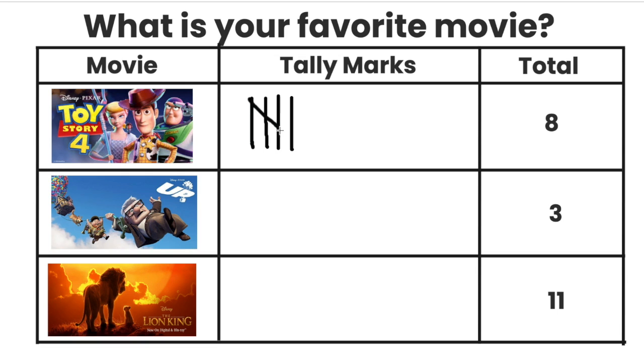So I have 5. I'm going to keep counting on until I get to 8. 6, 7, 8. So as you can see, I made 8 tally marks. If I wanted to quickly read it, I see I have 5, 6, 7, 8.